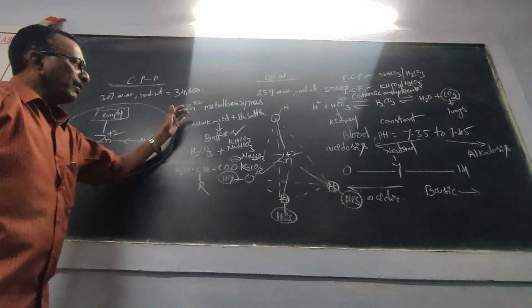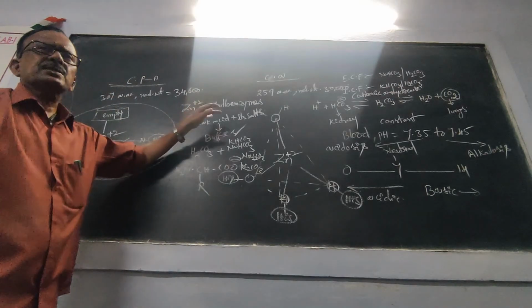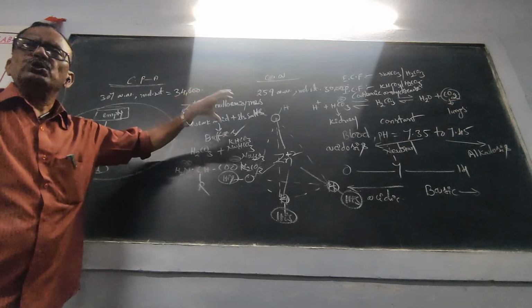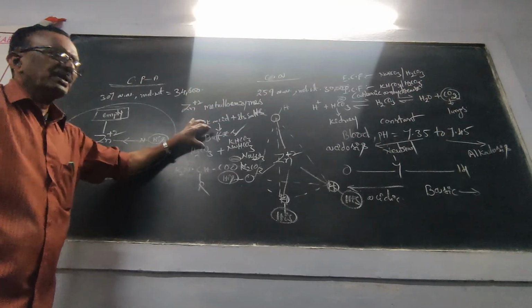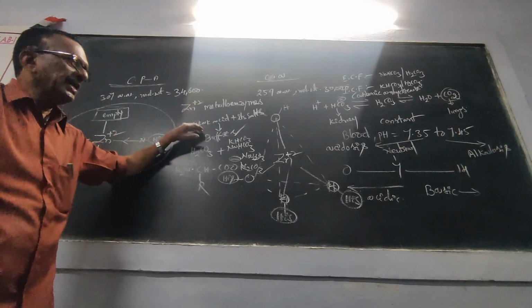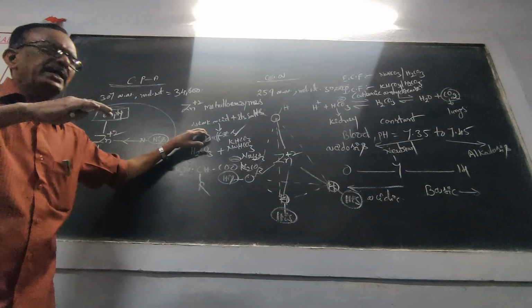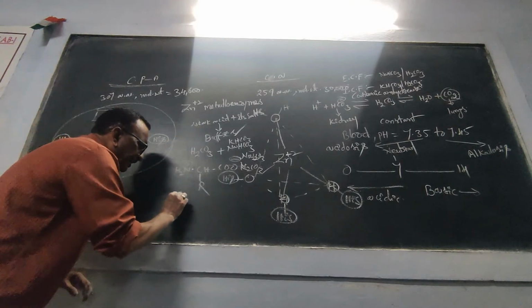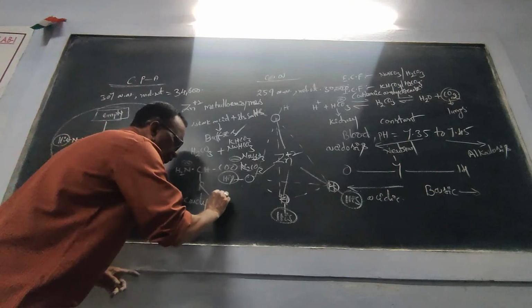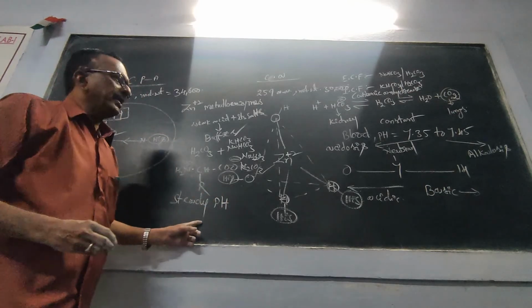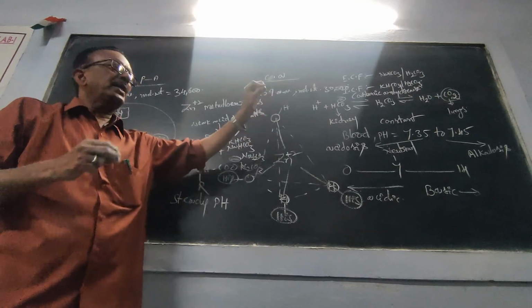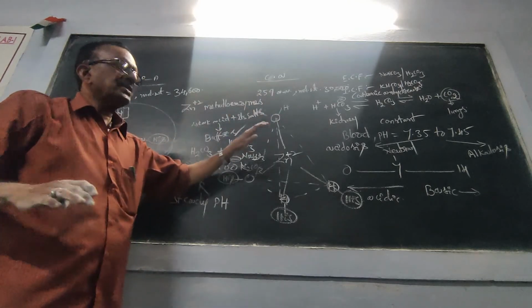So a weak acid and its salt, that solution constitutes a buffer solution, and its main important function is it will sustain, it will provide a steady, constant pH. So like that, our blood whose pH is maintained at 7.35 to 7.45, that is constant.